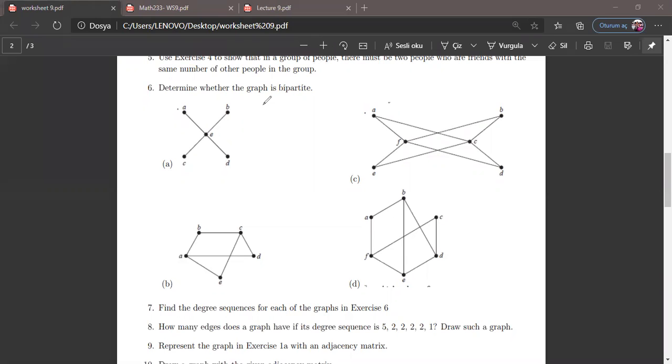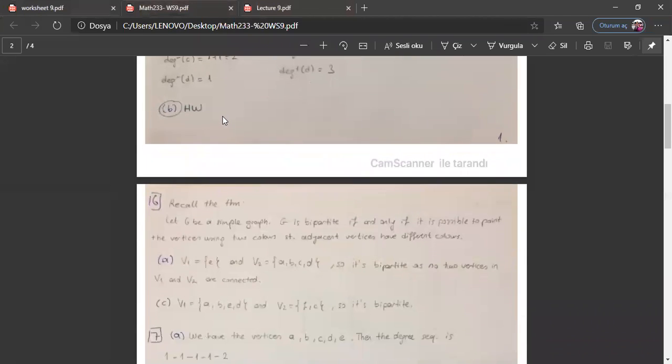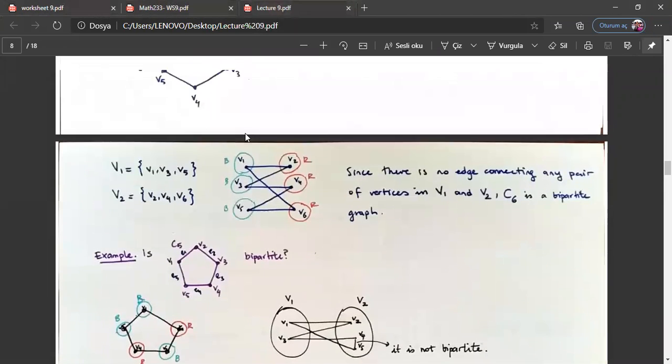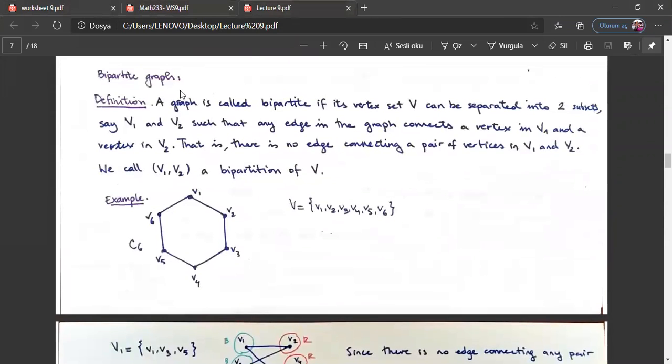First of all, you need to know the definition. We say it's bipartite if and only if. So we have this theorem, but the definition is here.